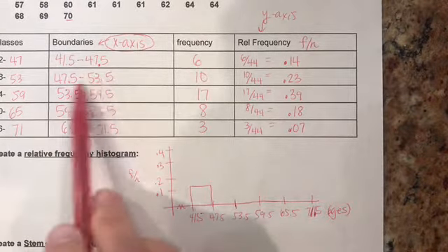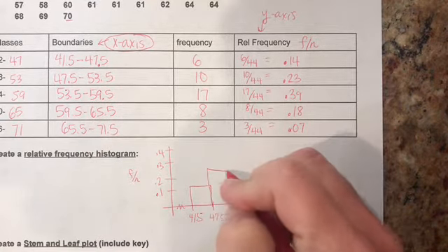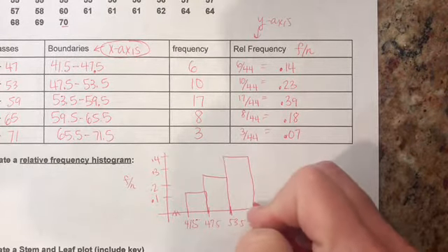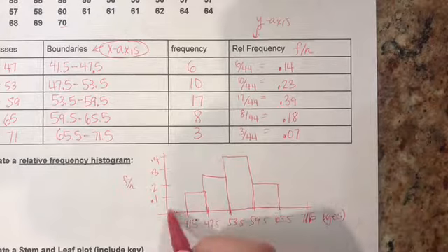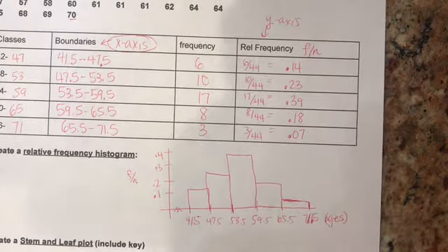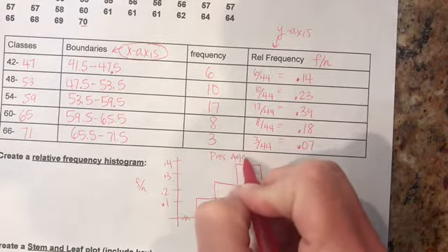From this section, our height is 0.23. Then 0.39, then 0.18, and then this is the lowest, 0.07. Probably even lower than that, but there we go. We could put presidents' ages up here.